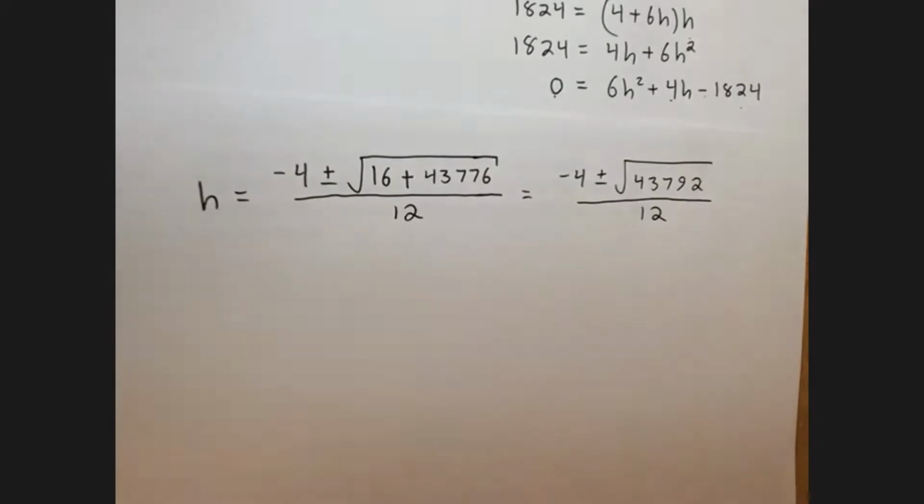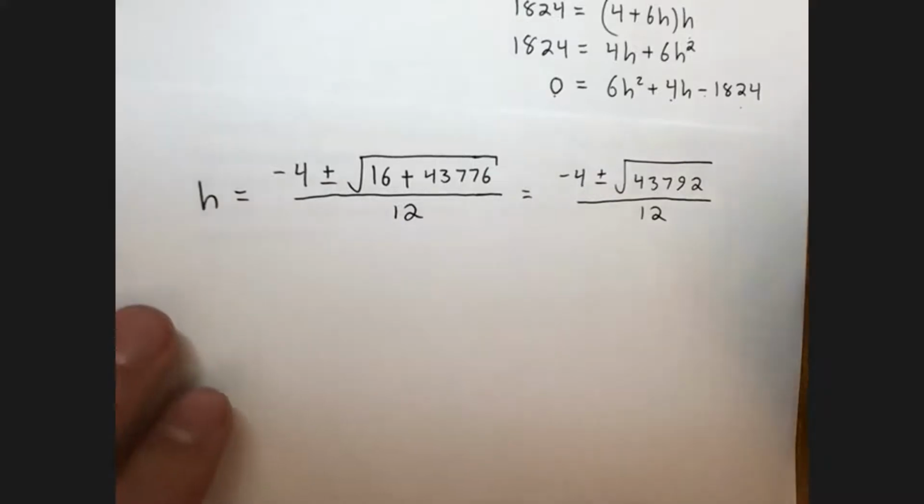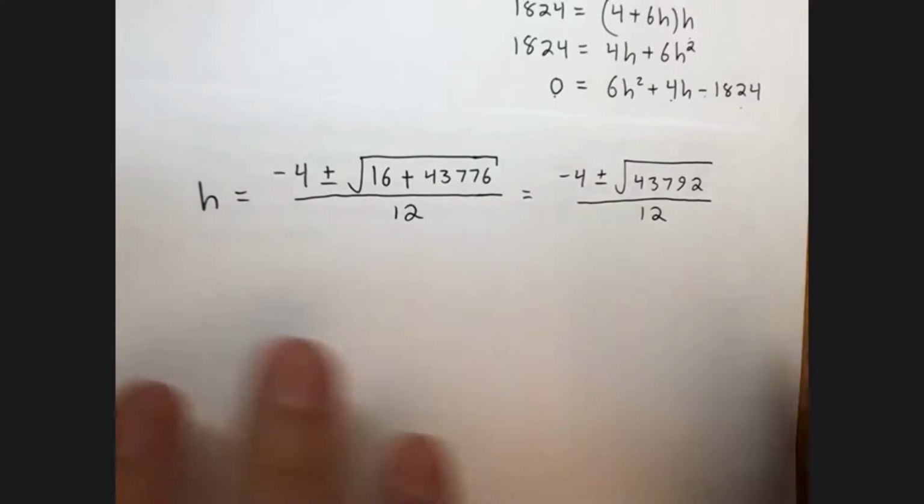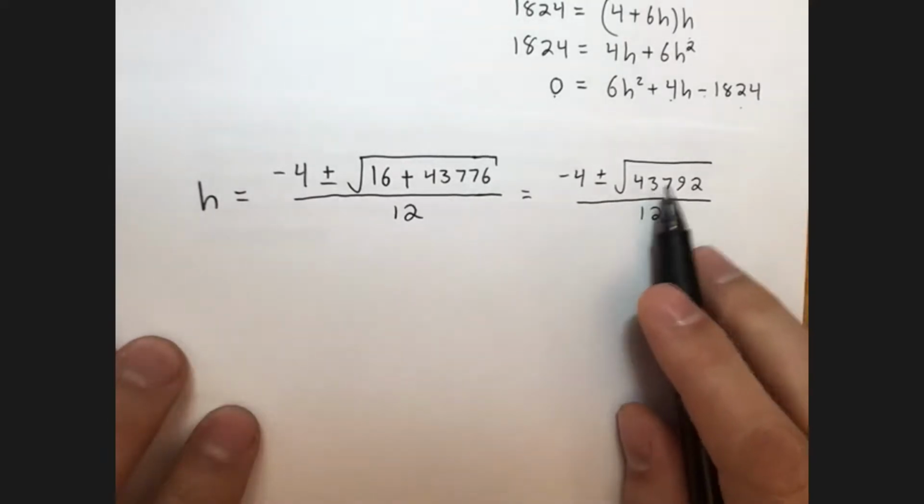All right, we got some work to do to simplify this radical. So let's see what we can do here. I've got to see if there are perfect squares in this.